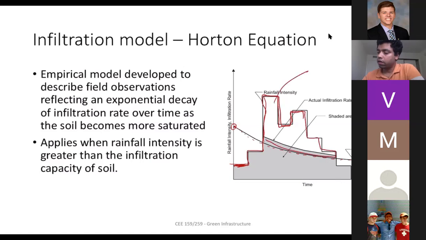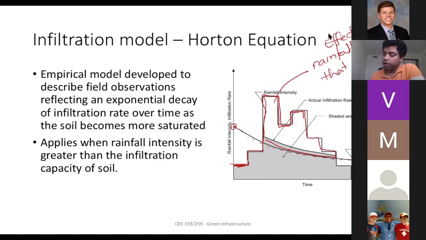We can call it the rainfall intensity, or effective rainfall intensity, that resulted in a runoff, which is very important because you want to account for that much rainfall intensity when you are designing these green infrastructures.